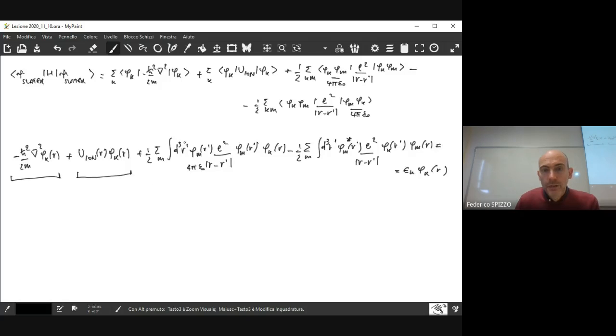Then if you notice this term here, what was related with the direct term, you have a summation. I just rewrite this term here. We have 1/2 sum over m of d3r prime. Then we have the square modulus of the phi m.